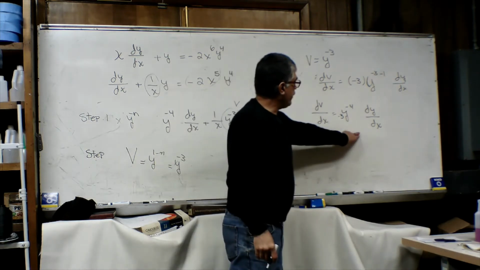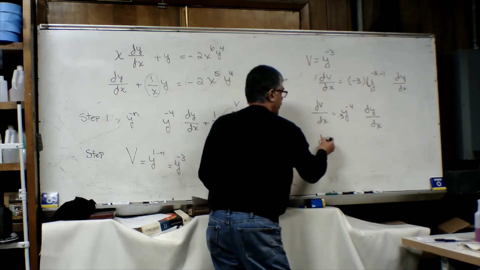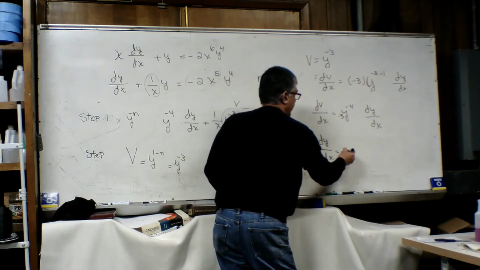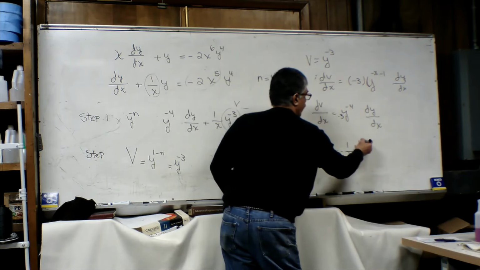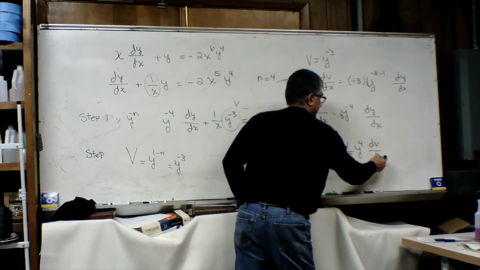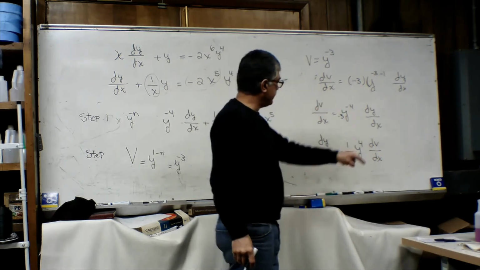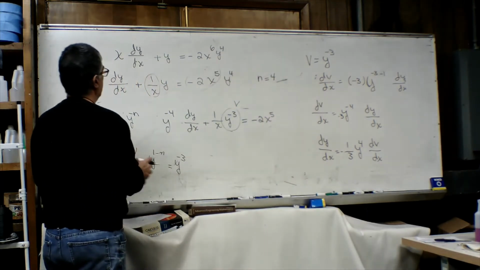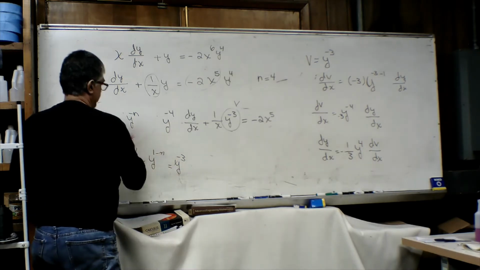So in this equation, we can solve for dy over dx, which will be equal to minus 1 over 3 y to power 4 times dv over dx. So we solve this equation for dy over dx. Now let's plug that value in this equation.